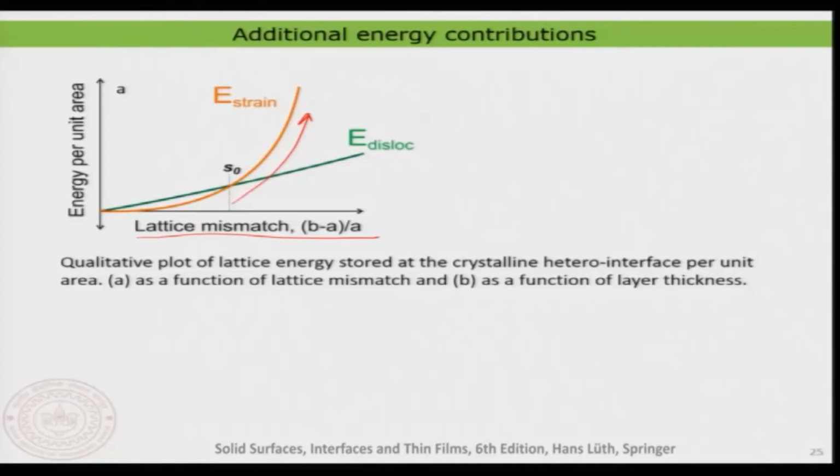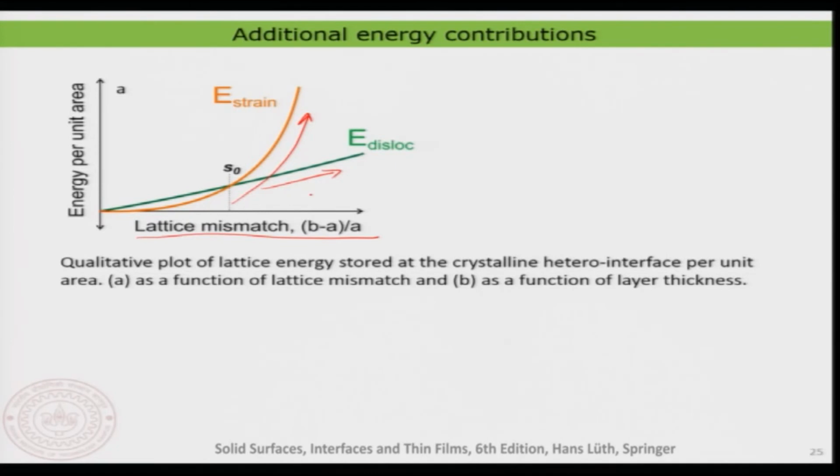So now here comes the dislocation. The interesting thing about the dislocation compared to strain is that the strain would basically just compress or relax things, so there is a much higher energy contribution coming from the strain field, the so called strain energy that you deposit at the interface. But if you look at the dislocation, it is not like that.